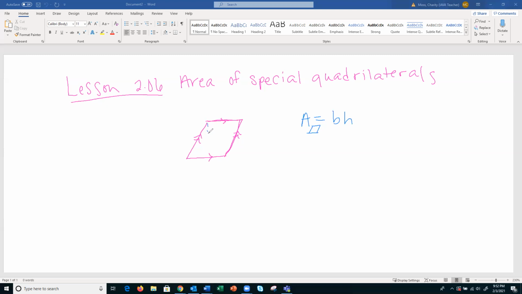So in this situation, they will give you the base, and they can give you the height. Remember, the height has to be perpendicular to the base for it to be a true height. So let's say this one is 7 inches, and it has a base of 5 inches.